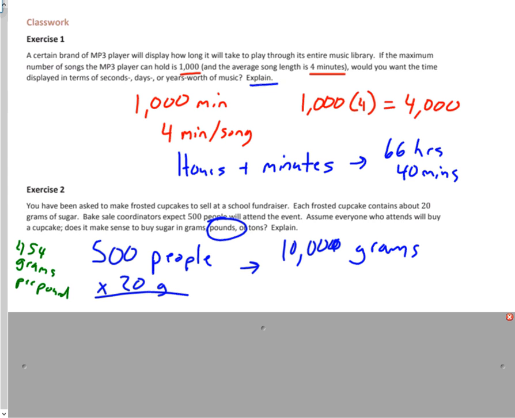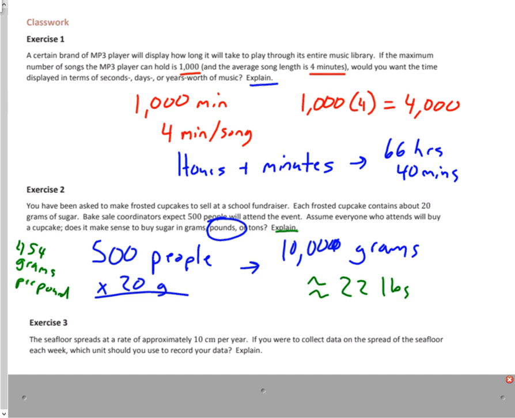So if we take our 10,000 and divide it by the 454, we'd have about 22 pounds of sugar, which makes a lot more sense. A lot of times you'll buy them in pounds at the store, and 22 is a much more reasonable number to work with. So that's our little explanation there.